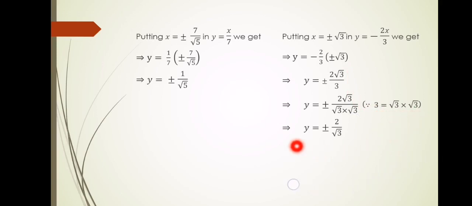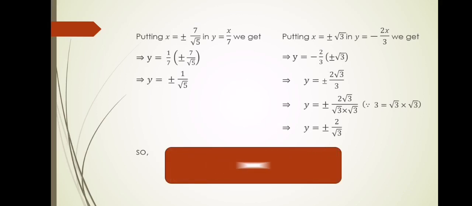So in this way we can simplify it as plus minus 2 divided by root 3. We have single root 3 since 1 has been cancelled out.